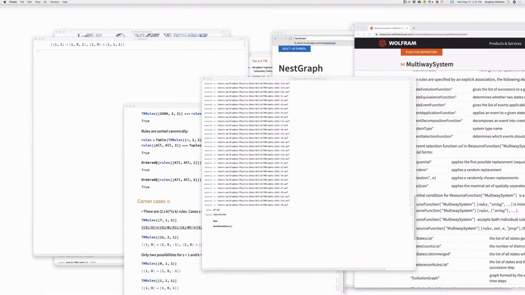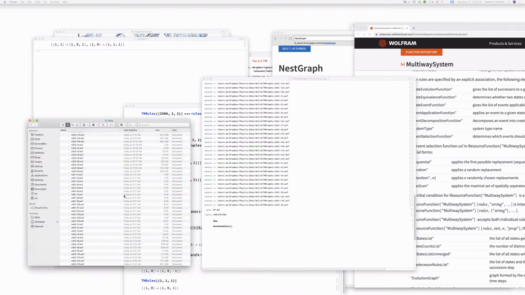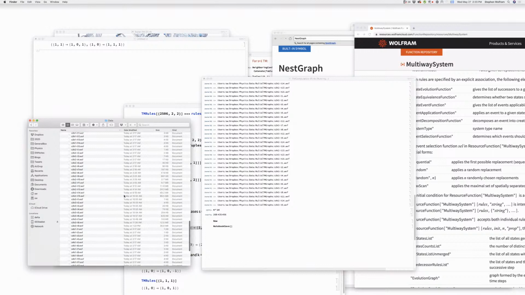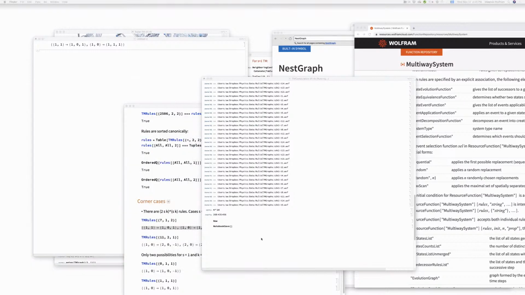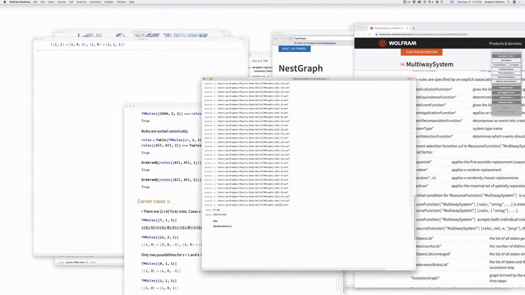Let me see whether the main challenge here is whether the data size has gotten too big. 79 megabytes. That's not that big. 99 megabytes. Not so huge. 189 megabytes. Okay. I was worried it would get into the gigabyte range. Oh, it got a long way. All right. Maybe I should just kill it.